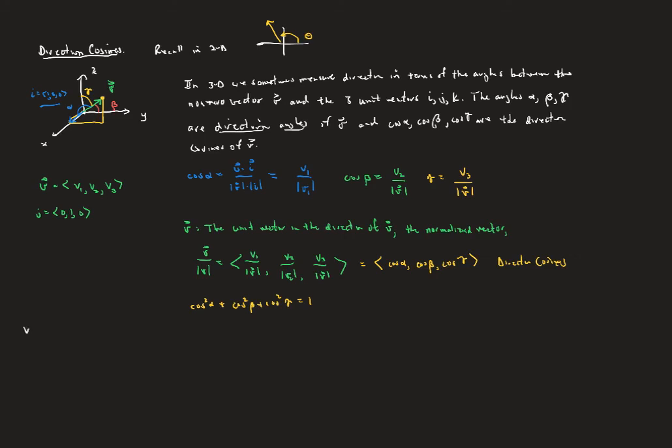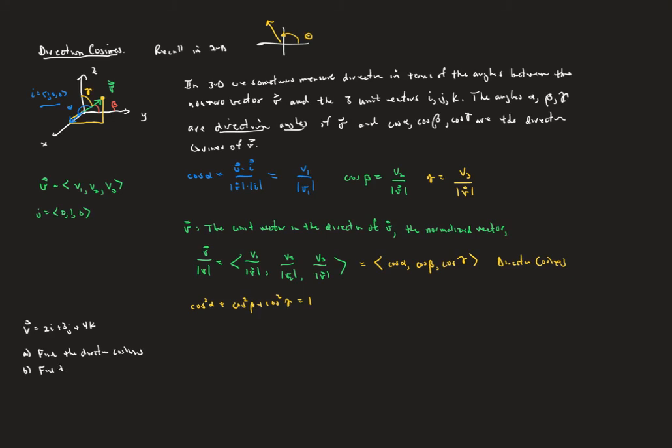We'll say that v is going to be the vector 2i plus 3j plus 4k. So I'm going to give you this in ijk form. And can you, first of all, find the direction cosines? And then, find the direction angles, rather.